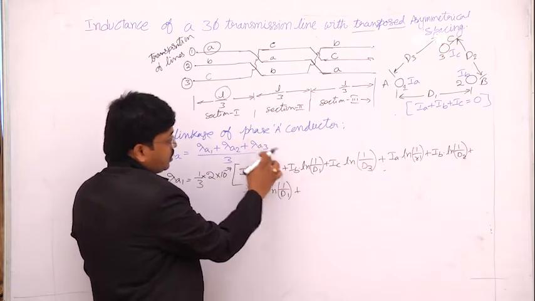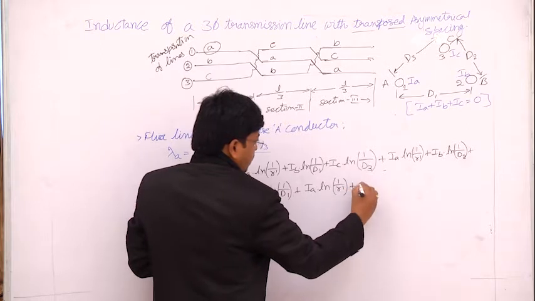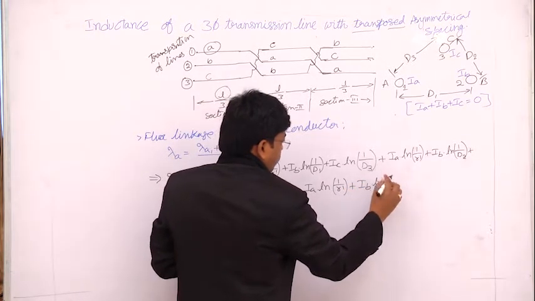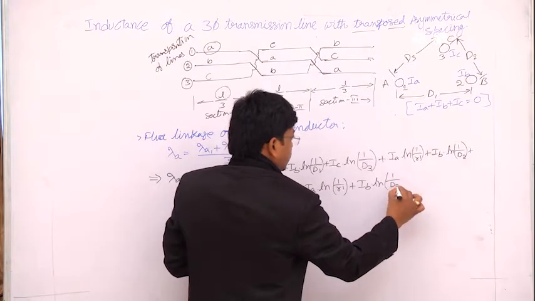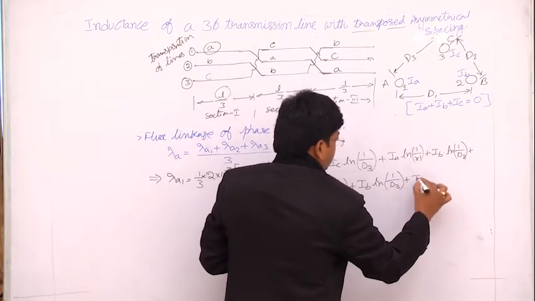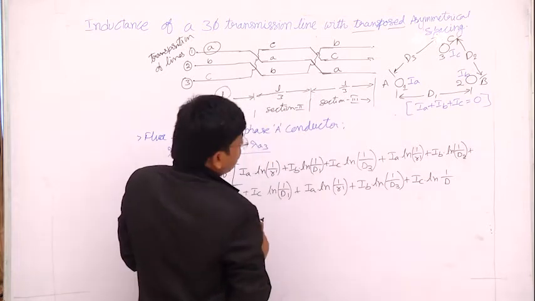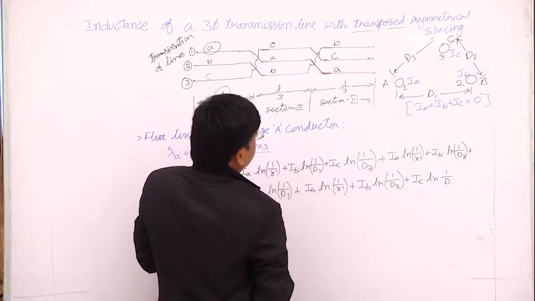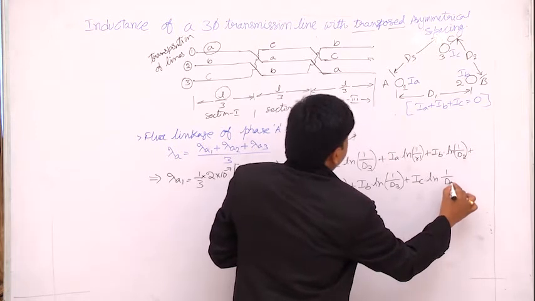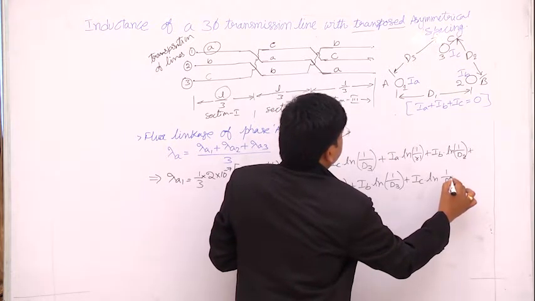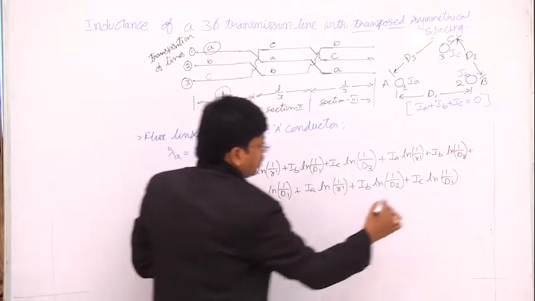Now I have to substitute the lambda A3 values from equation 3. This one is IA into logarithm of 1 by R dash plus IB into logarithm of 1 by D3 plus IC into logarithm of 1 by D2.